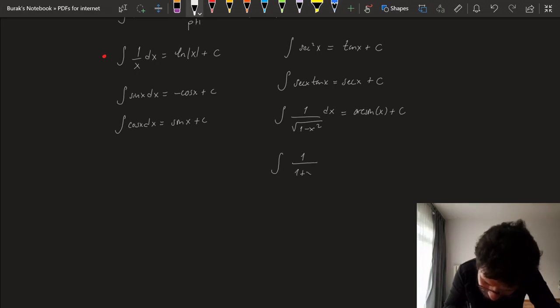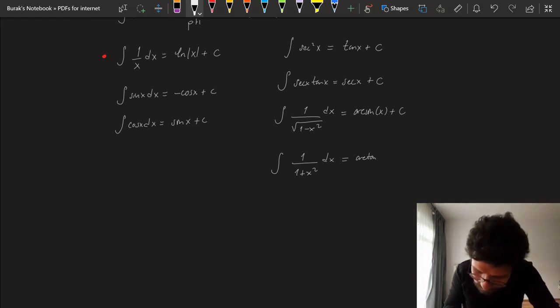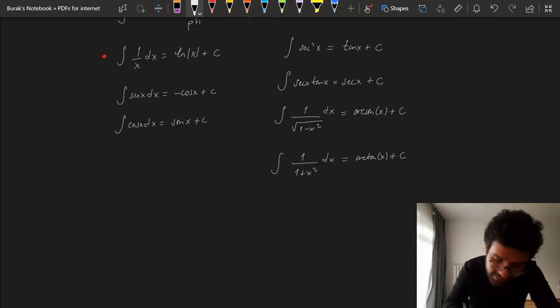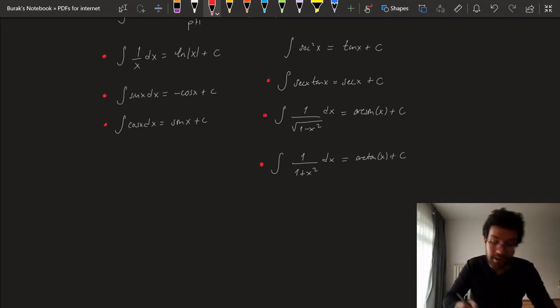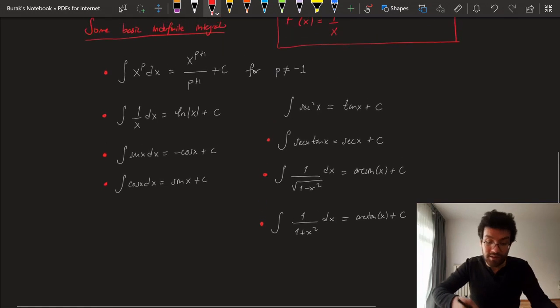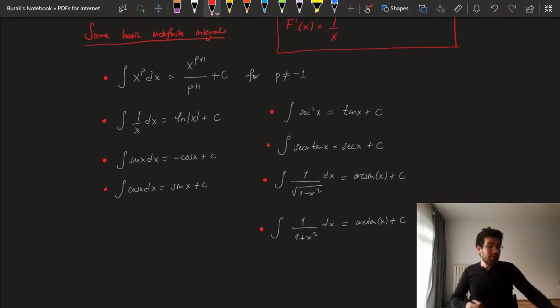The indefinite integral of 1 over 1 plus x squared is arctangent of x plus c, and so on. I can just list more. We learned about derivatives, so for every derivative that you can find, I can write down the corresponding equality involving indefinite integrals, so I'm not going to do that. So that's that.